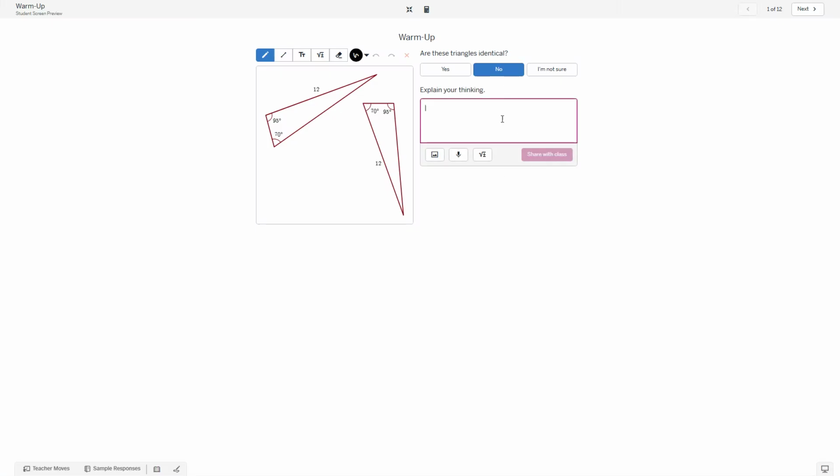Okay, the correct answer is no, they are not. Even though both triangles have the same measures, they are not identical because the side length of 12 is not in the same position.